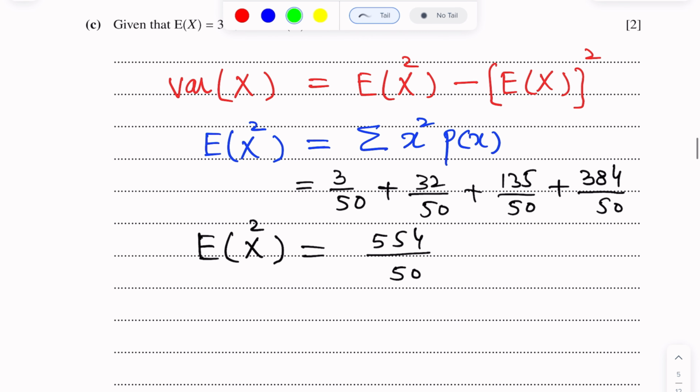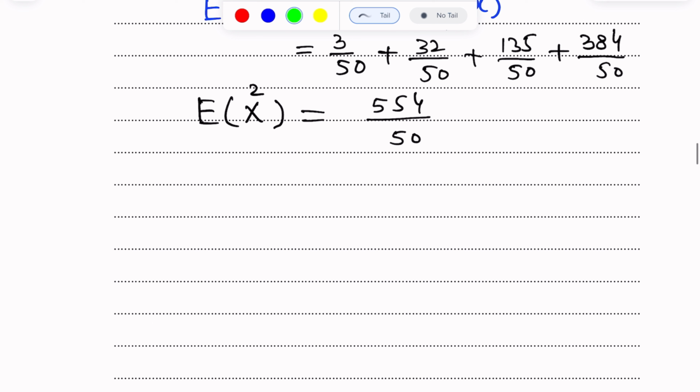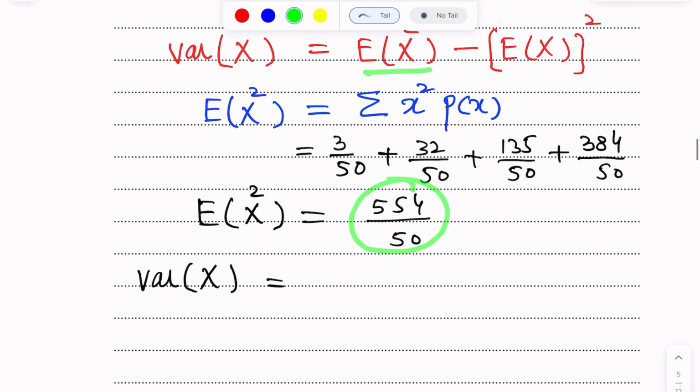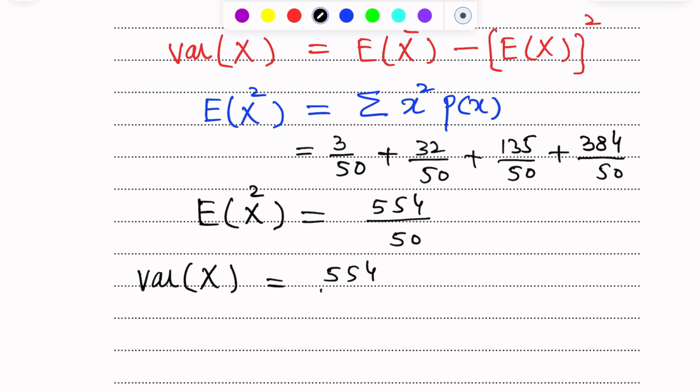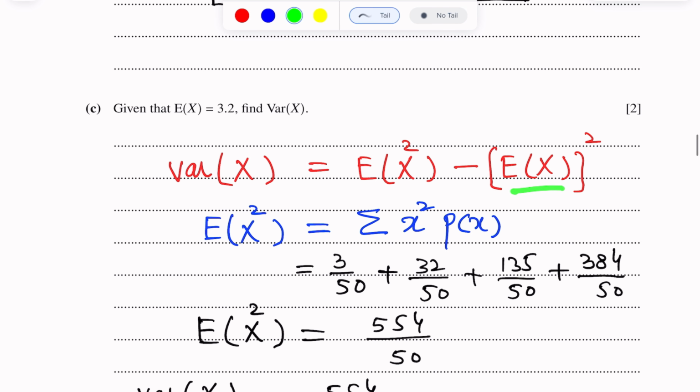Now putting the values of E(x squared) and E(x) in the formula of variance, variance of x will be 554 over 50, which we just found, minus E(x) whole squared.